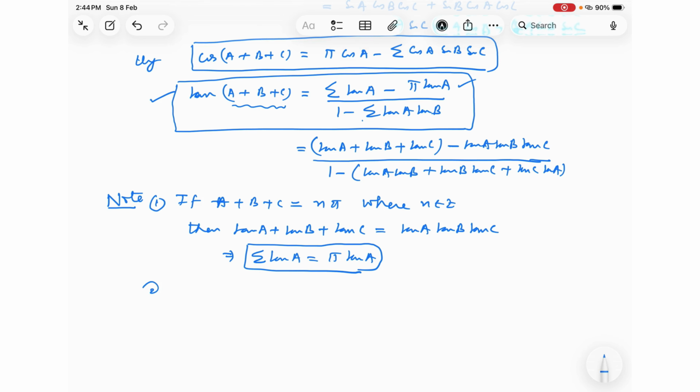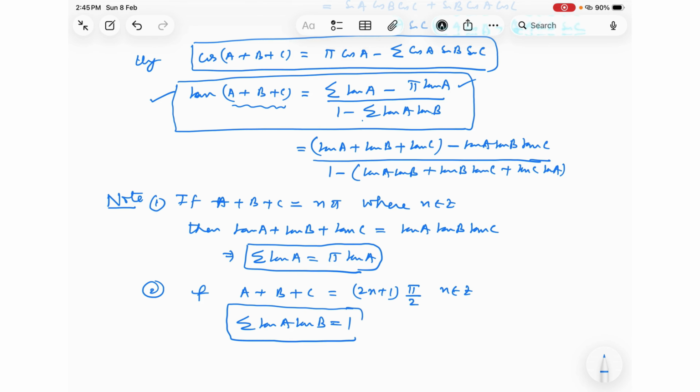Now, the second point is, if A plus B plus C is equal to (2n plus 1) into pi by 2, n belongs to Z, that means if A plus B plus C is an odd multiple of 90 degrees, then the result is sigma tan A tan B is always equal to 1.